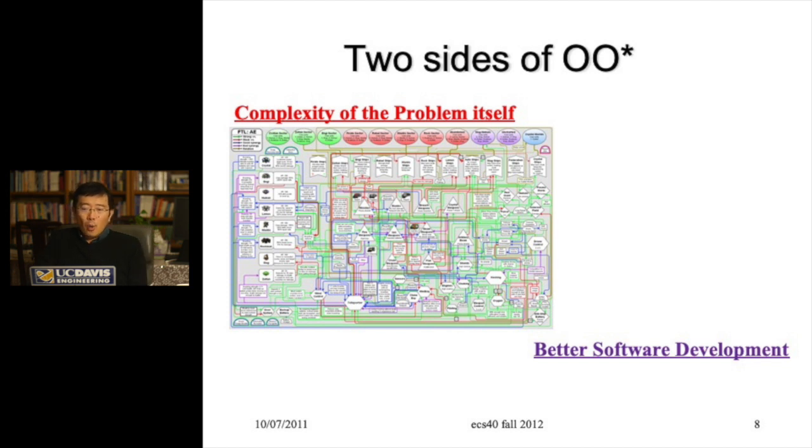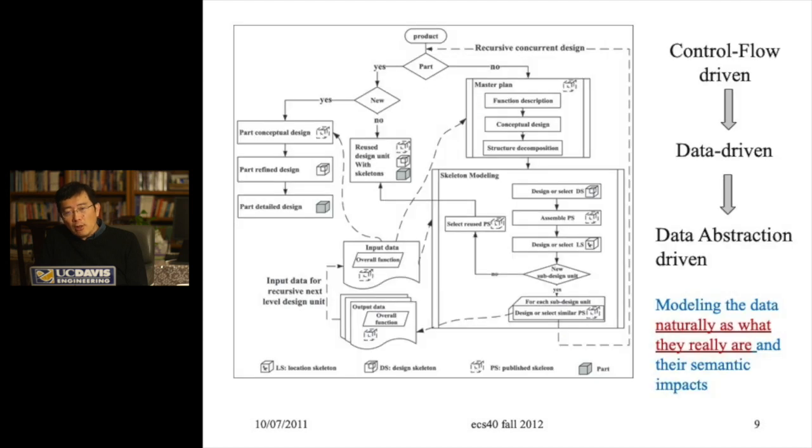So what we really believe is that to deal with this kind of complicated real-world problem, we have to slowly shift our thinking. Traditionally in programming, we're essentially control flow driven. Control flow driven, we're thinking about what is each step I need to do.